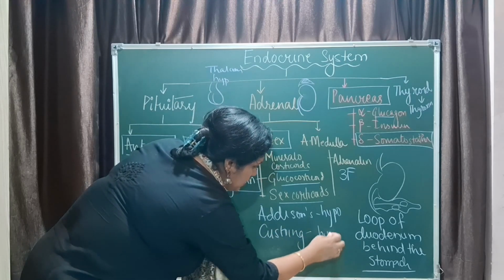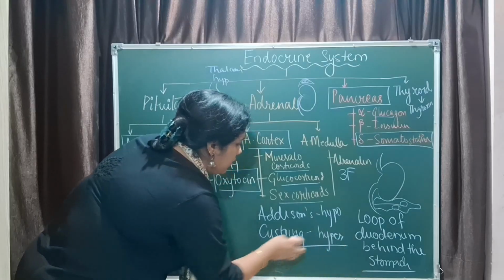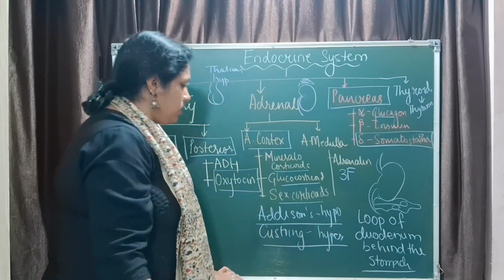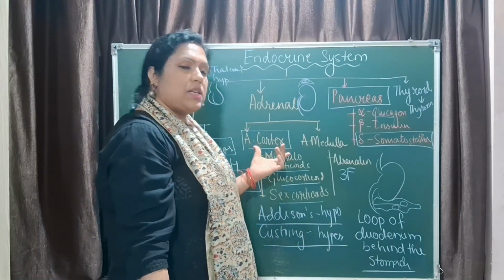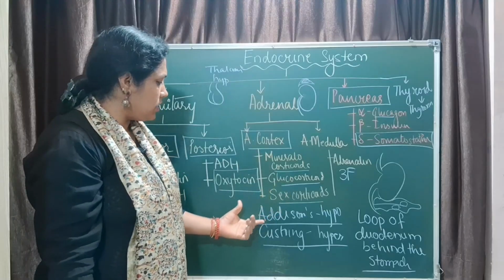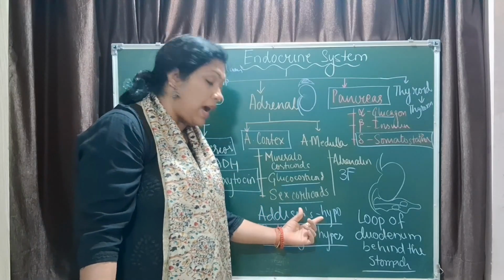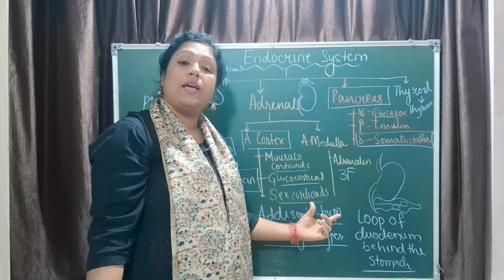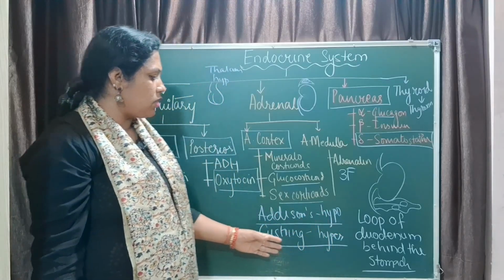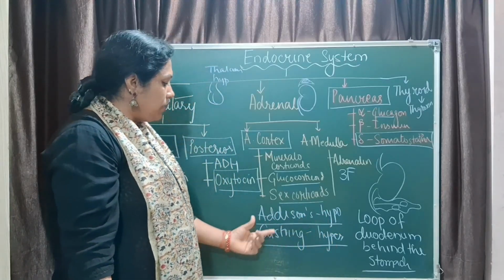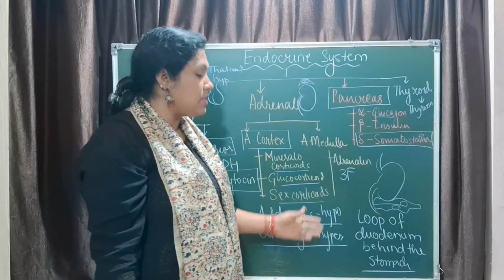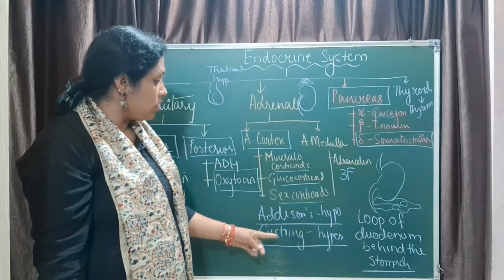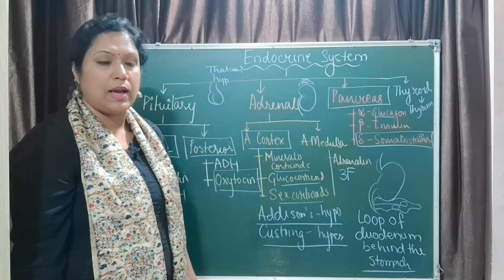Hyposecretion from the adrenal cortex causes Addison's disease, and hypersecretion causes Cushing syndrome. In Cushing syndrome, there is hyperglycemia because the glucose metabolism is hampered.